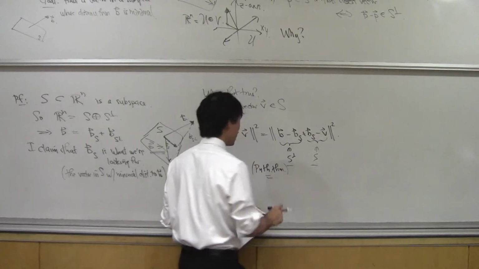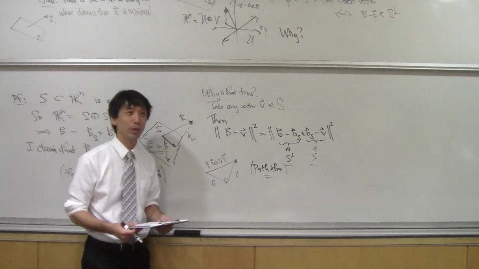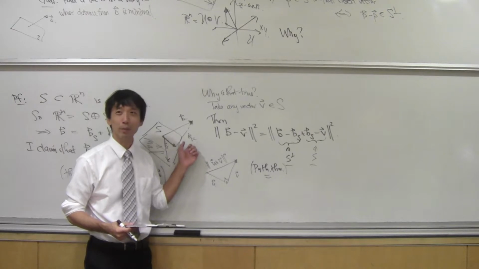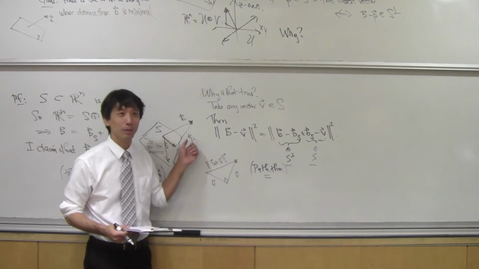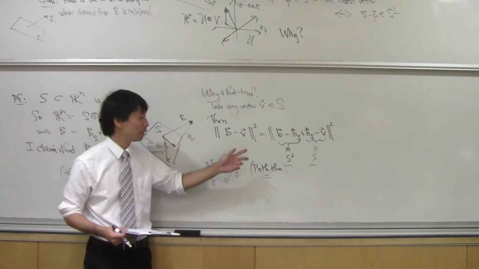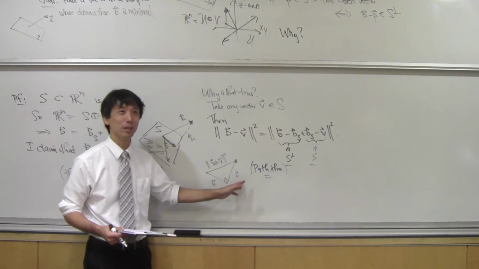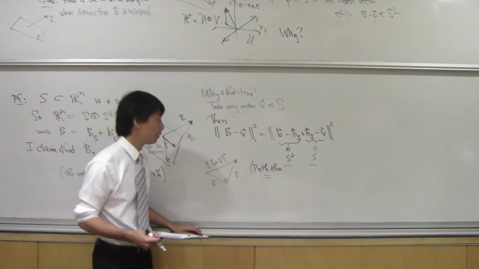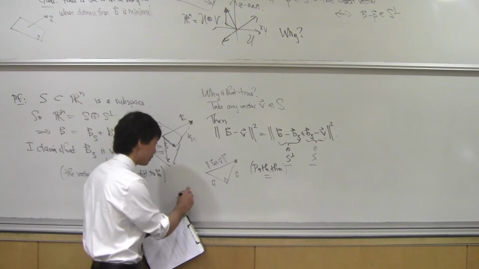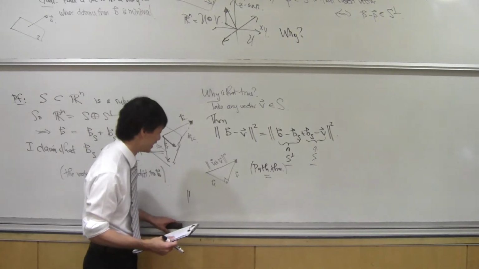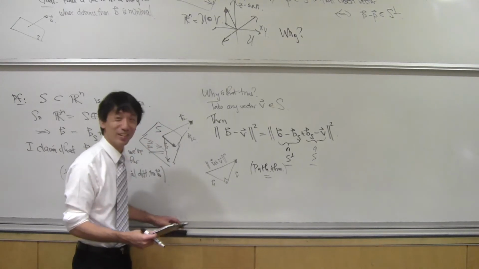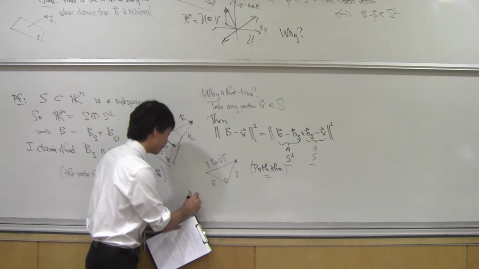And maybe you're kind of skeptical. We are in Rn. Do we have a Pythagorean theorem in Rn? You do. I'll leave it to you as a proof. It's easy. Let me just tell you.